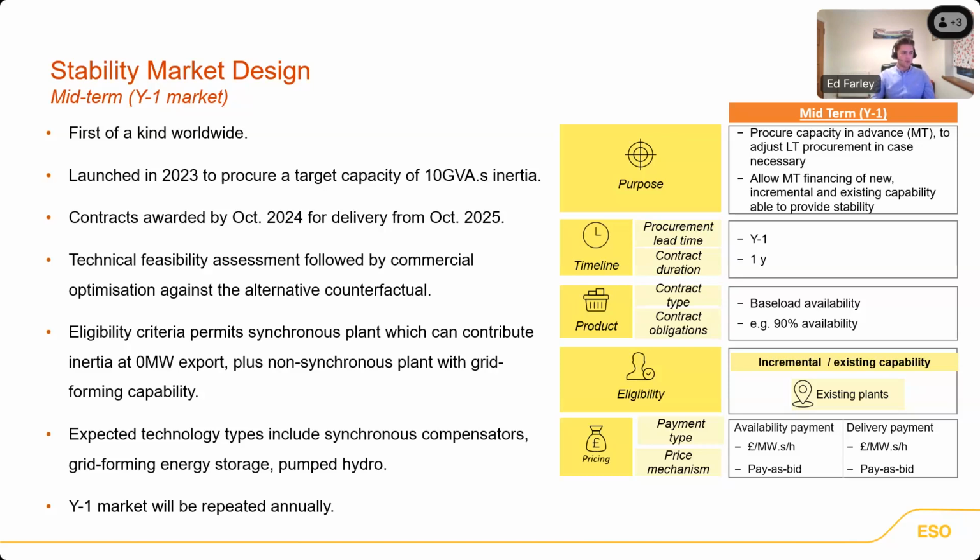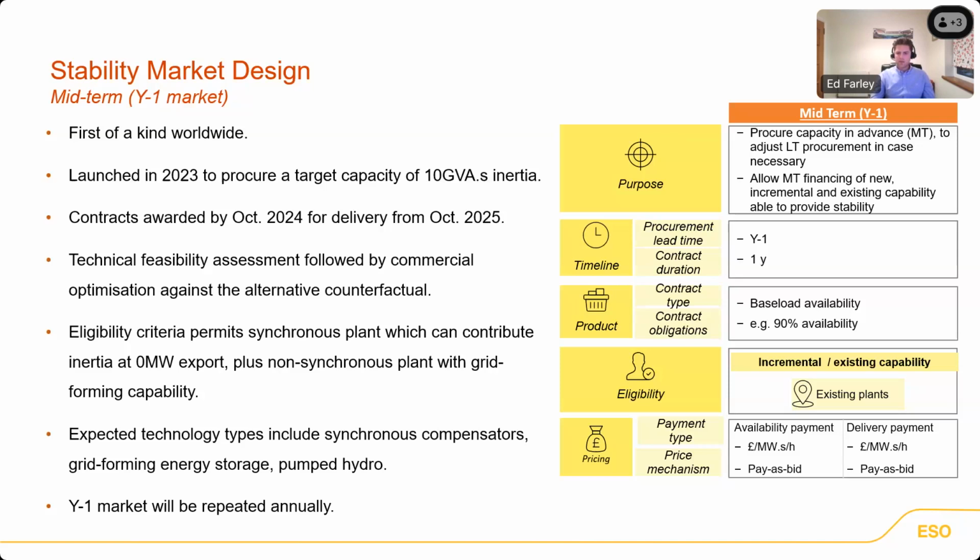So we launched the midterm market last year. It is first of a kind, so we're trying to really trailblaze with this and encourage a different way of accessing stability services than how we have done previously.